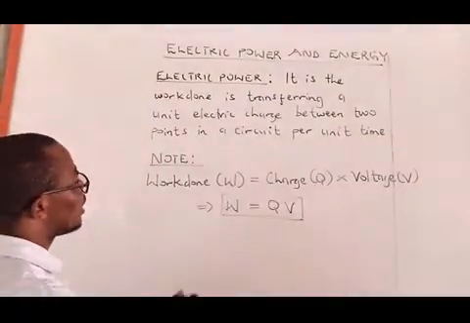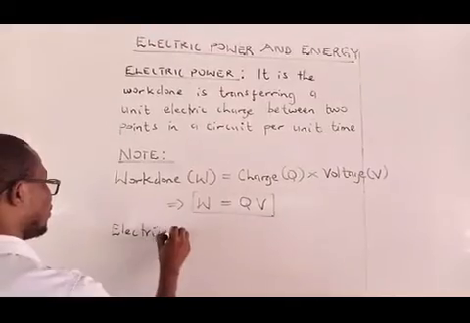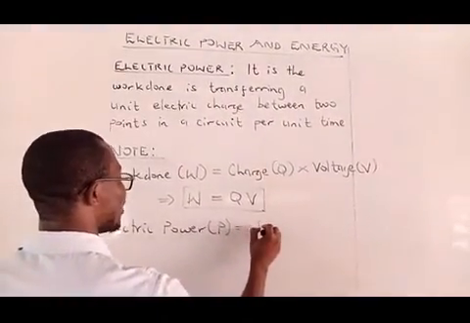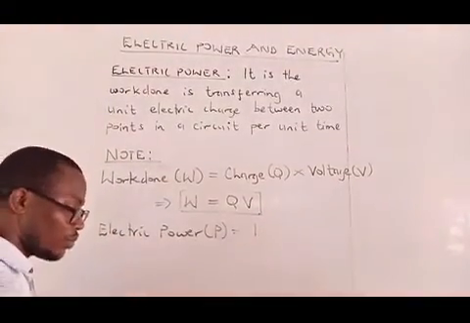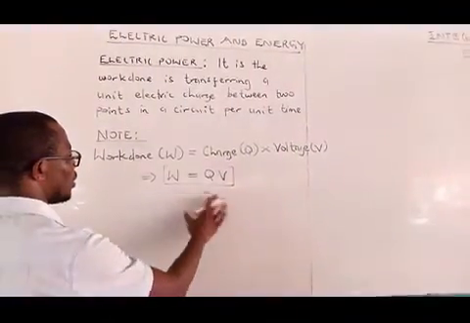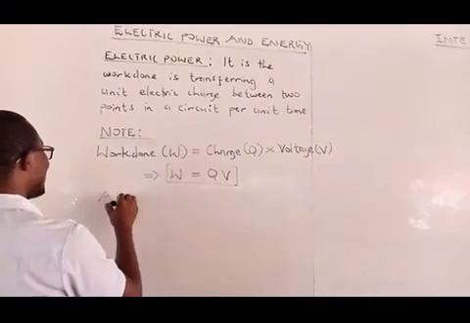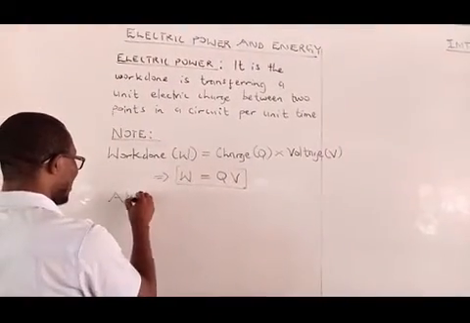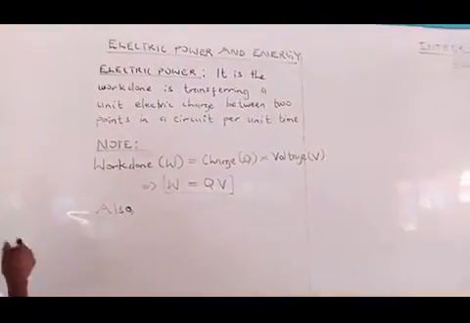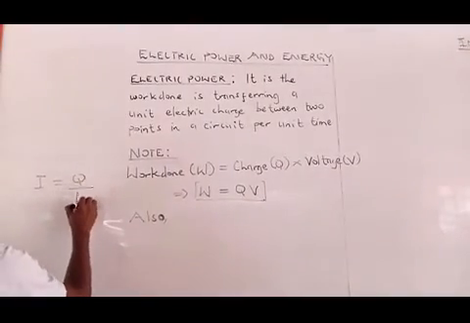From definition, we are saying that electric power P is work done over time. Also, when we started looking at current electricity, I told you current is equal to the electric charge over time.